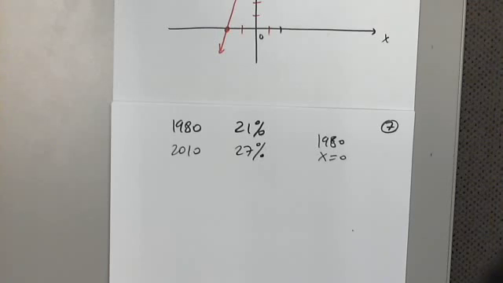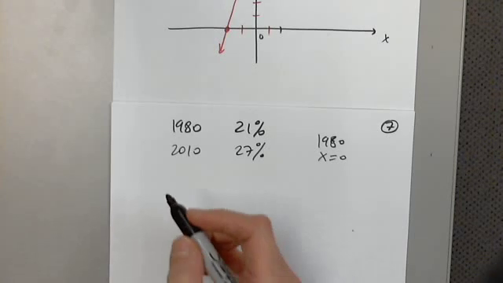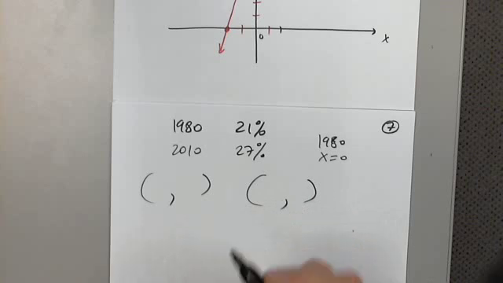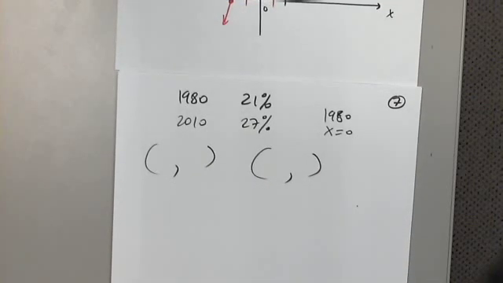Exactly. I have to have points, right? Let's see. Do we have points? I always hope for points, or coordinates or ordered pairs, so I can find the equation.